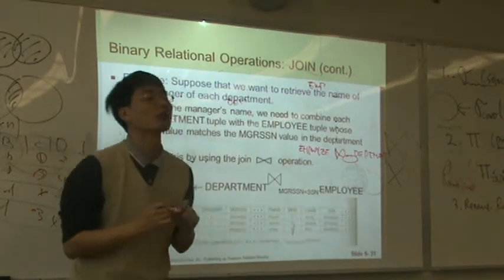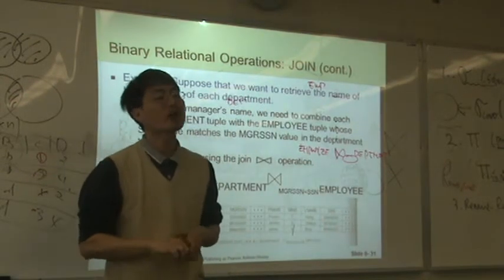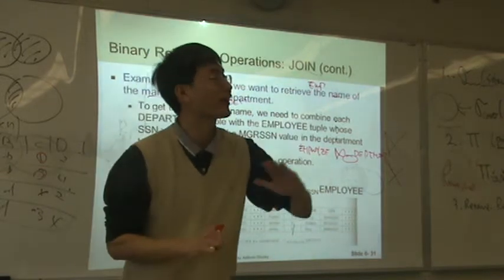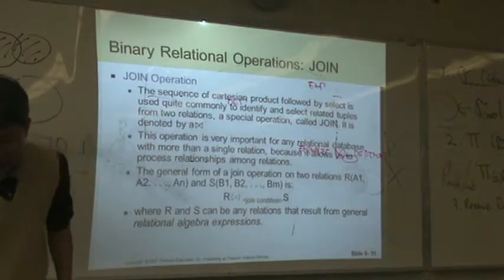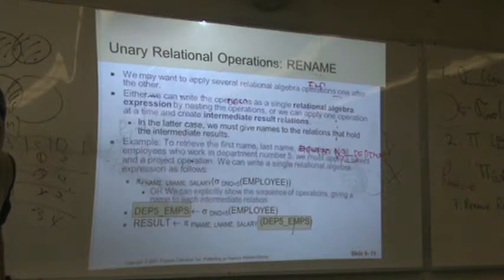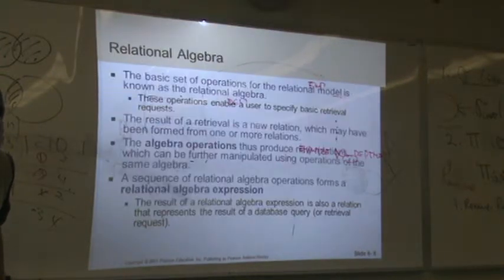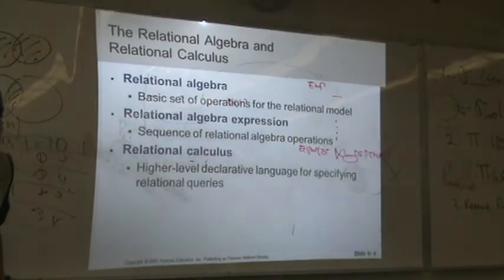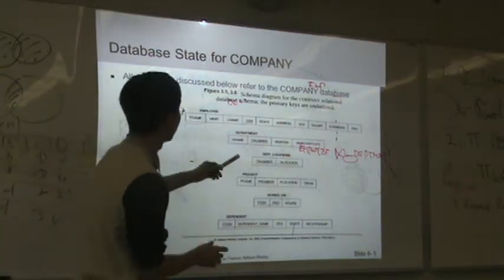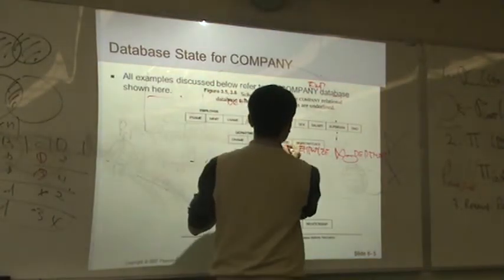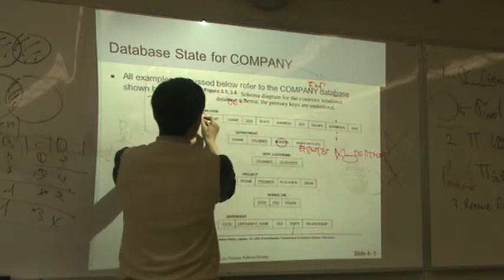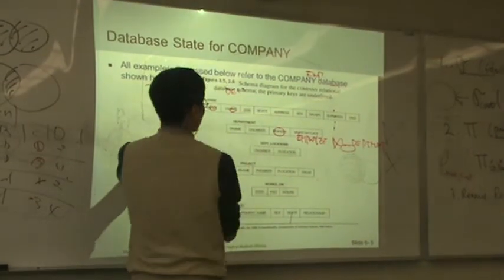What can be the join condition? At that time, you can take a look at your database schema diagram. If you take a look at the database schema diagram, department, manager, social security number. We need the name of this.